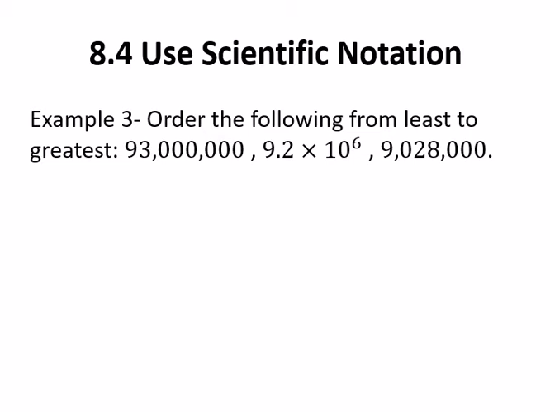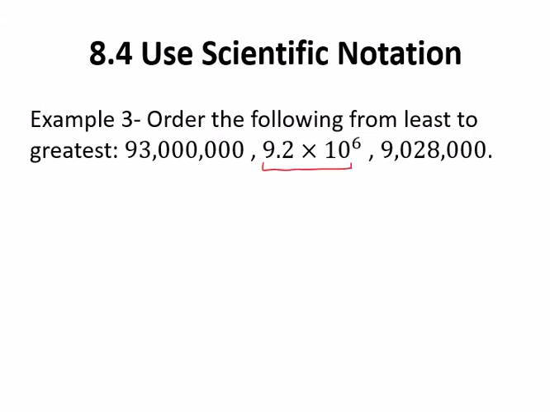Alright, looking at our next example, example 3, order the following from least to greatest. So it is helpful to write them all in the same notation, whatever that may be. So you might want to go from scientific notation to standard form in this case. So, if I were to take 9.2, this is the one that's different.